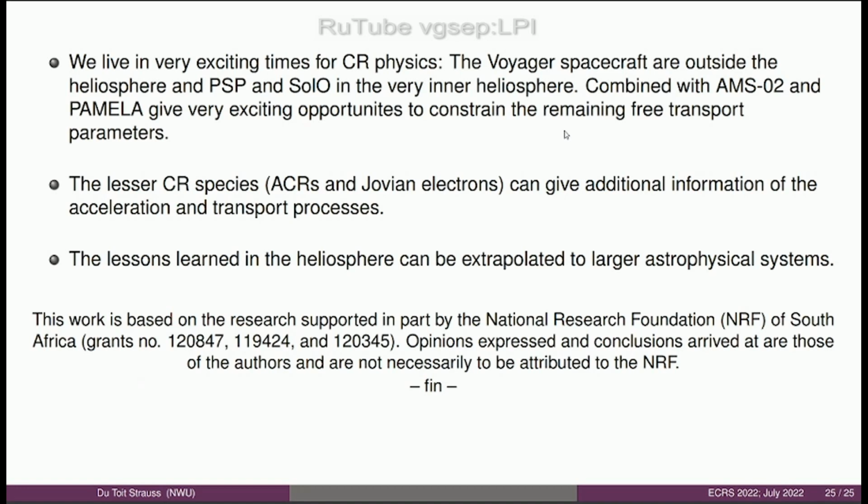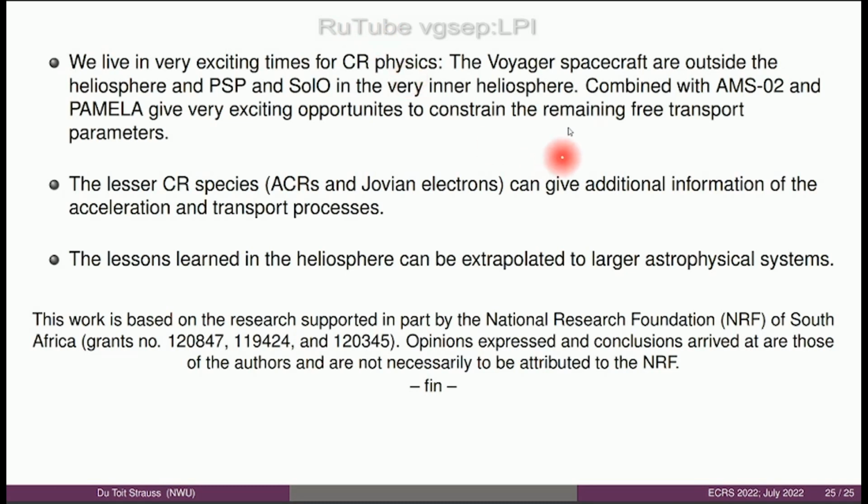We have a lot of spacecraft observations and very unique spacecraft observations that we are not going to get, at least in the next 50 years. The Voyager spacecraft is outside the heliosphere. That gives us a data point with which we can constrain a lot of uncertainties. Inside the heliosphere, we have Parker Solar Probe and Solar Orbiter, getting very close to the sun, and Solar Orbiter at some point will also go off ecliptic, so you'll scan maybe the polar regions a little bit.